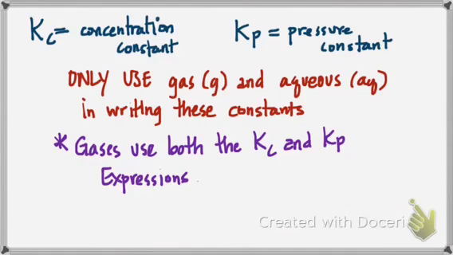A couple more things to look at. Again, the Kc stands for the concentration constant, but there's something else called a Kp, which is a pressure constant. You're only going to use gas, which is a lowercase g, and aqueous, aq, in writing these constants. So you're going to ignore your solids and your liquids. It is worth noting that gases use both the Kc and the Kp expressions, and that's really the only one that's going to use both.